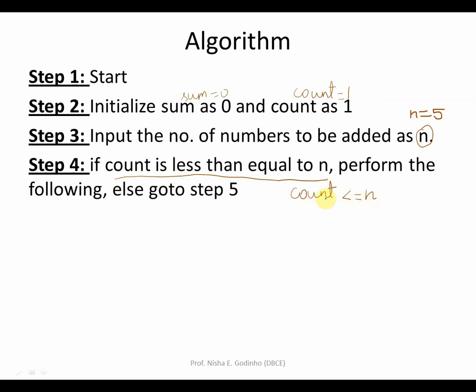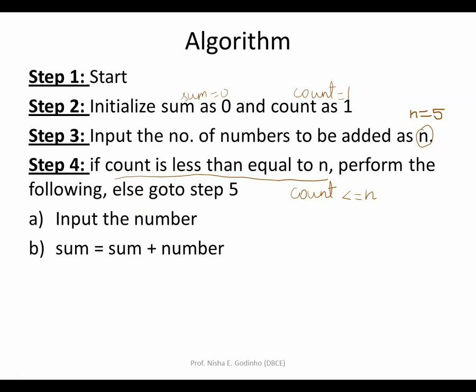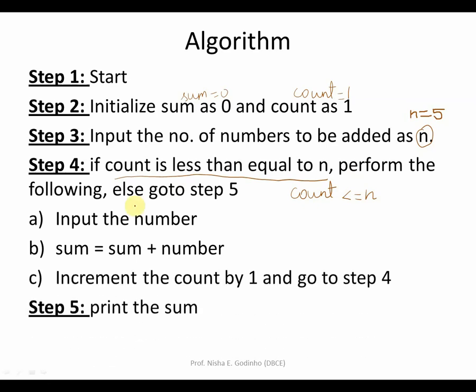If count is less than or equal to n, then we have to perform the following things. What I mean by the following things are these steps: A, B, C. You have to perform A, B and C if the count is less than or equal to n.